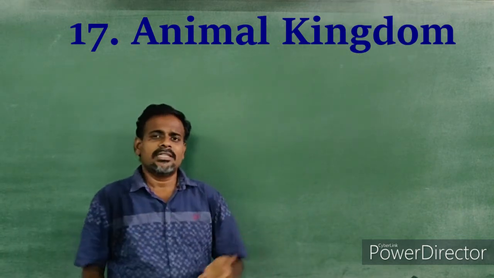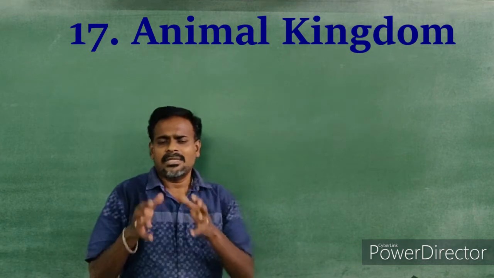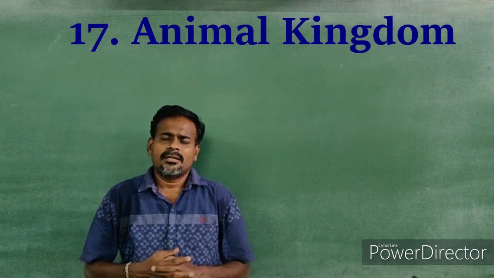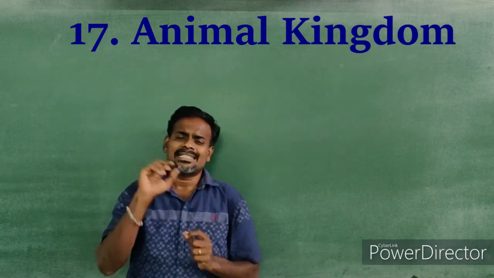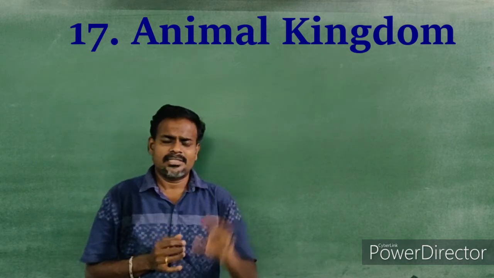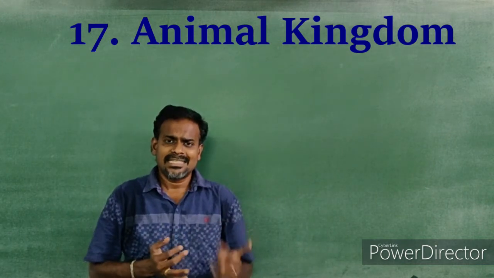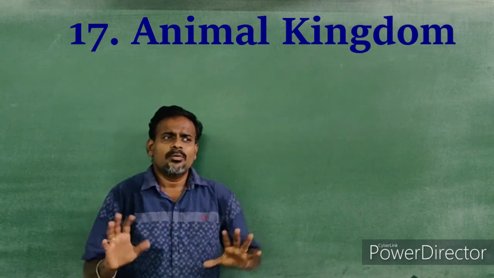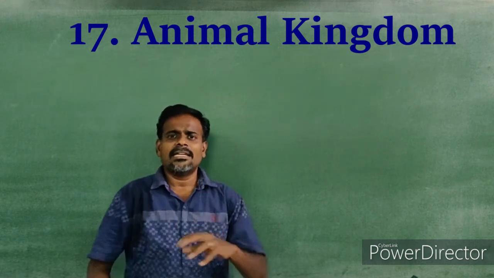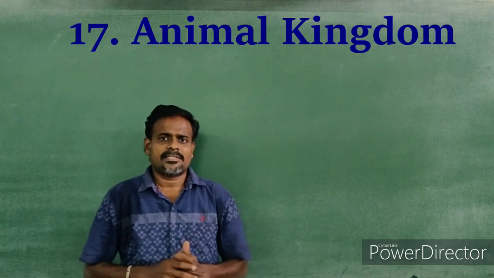Anyhow, those things you learn in higher classes. For the time being, we are going to learn on what basis this classification is done, and secondly, we are going to have a brief idea about animal kingdom classification.